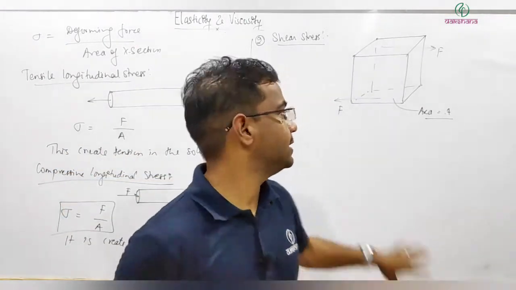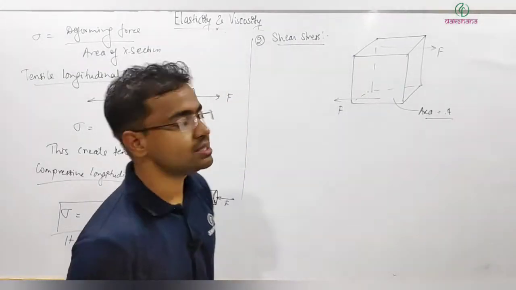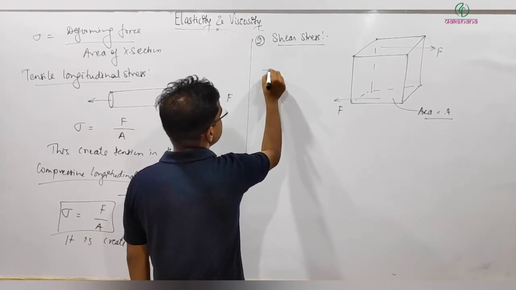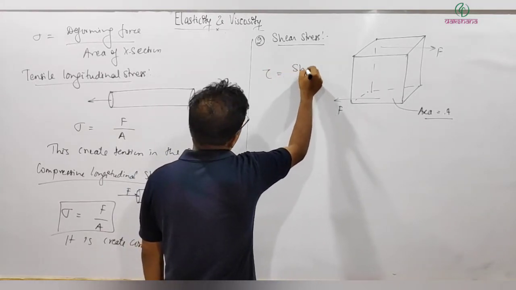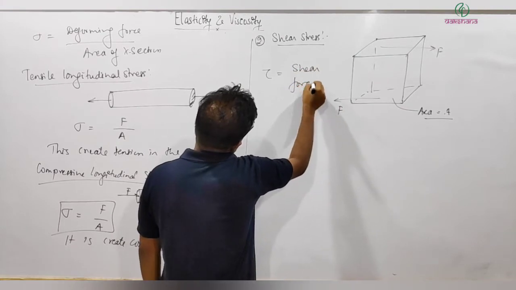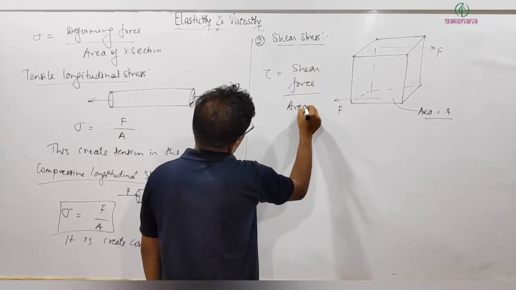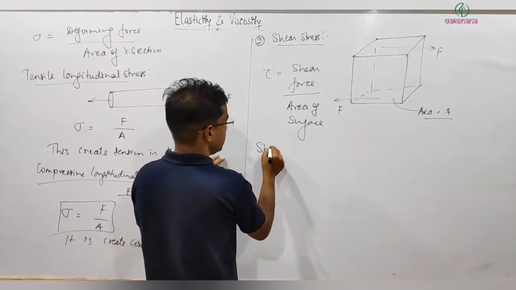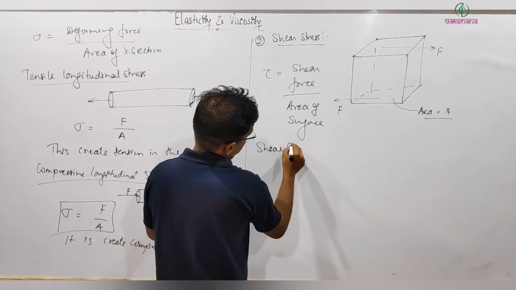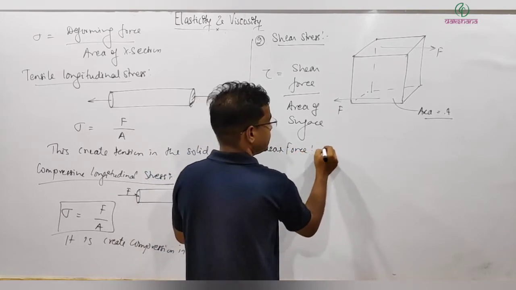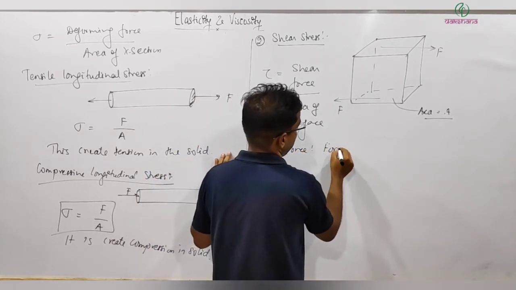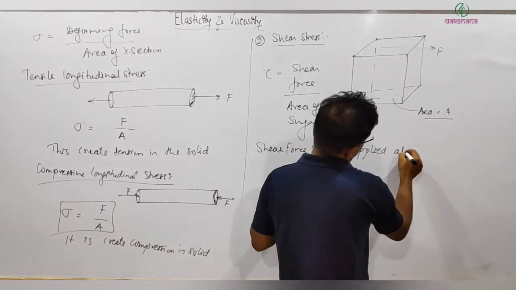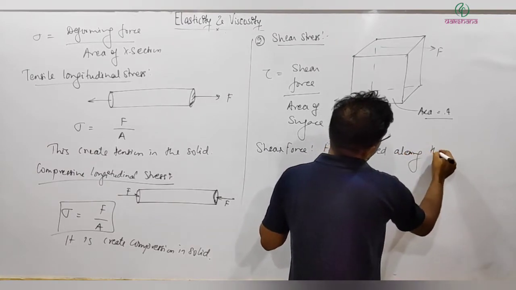So that's why here we need to define another term that is called shear stress, and we denote it by the letter tau, and this is shear force divided by area of surface. Shear force, what is that? You can write force applied along the surface.